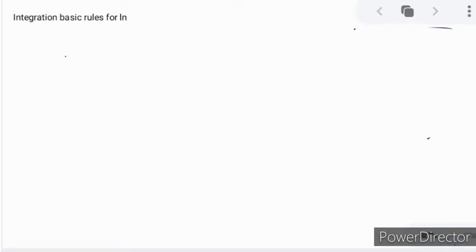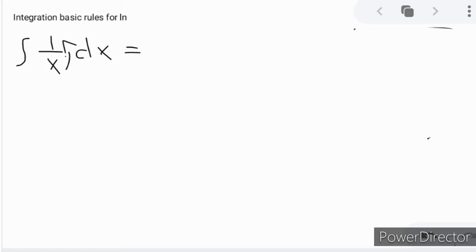In this video, we are going to tackle indefinite integration involving the logarithmic function, or ln. To formally start our discussion, let's have this example. At first, we have the integration of 1 over x dx.